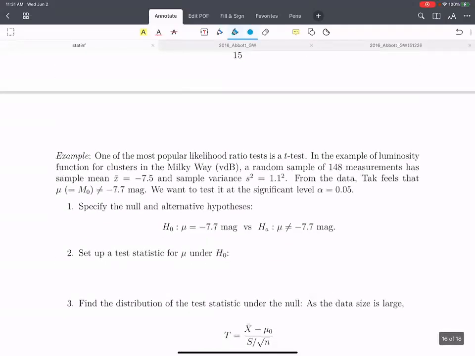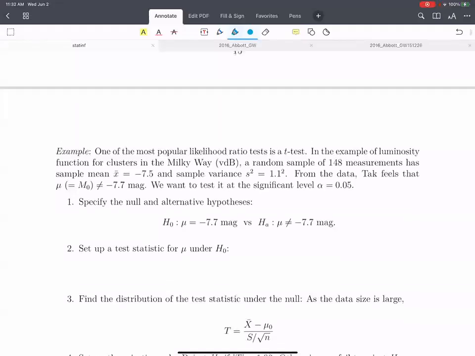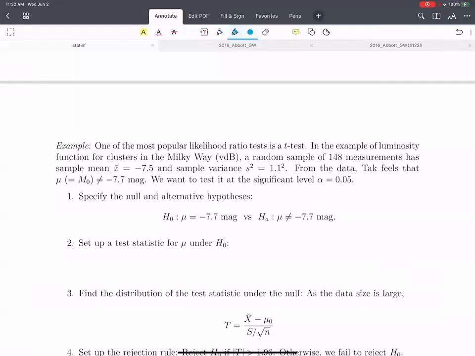And then let's get back to a specific example. I prepared a t-test, which is one of the most famous likelihood ratio tests. In the example of VDB, we got a random sample of 148 measurements, and the sample average brightness was negative 7.5 magnitude, and the sample variance was 1.1 squared, meaning that sigma squared is unknown here.